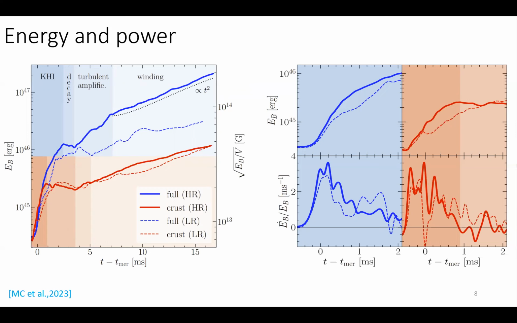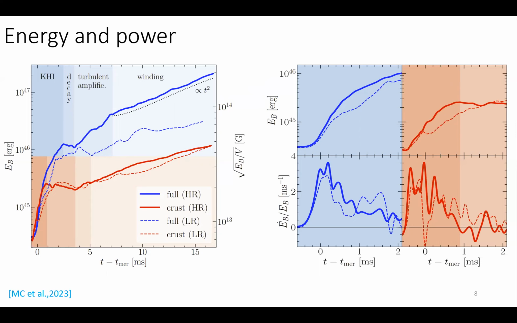The real difference, in order to get this 1 order of magnitude difference between the two configurations, is essentially in the Kelvin-Helmholtz driven instability stage, which is just the most left stage. We try to use different shadings in this plot to highlight the different stages, and we see that in the full configuration, this initial amplification phase is significantly prolonged compared to the cross configuration.